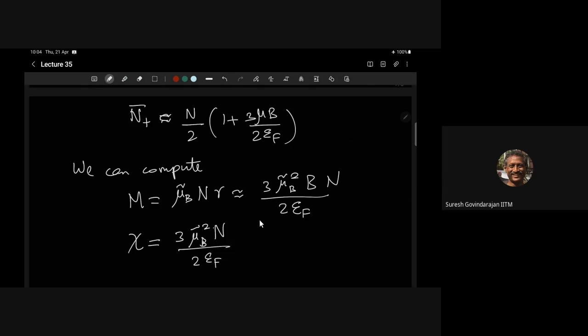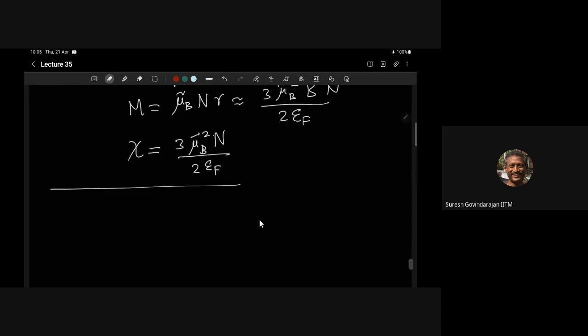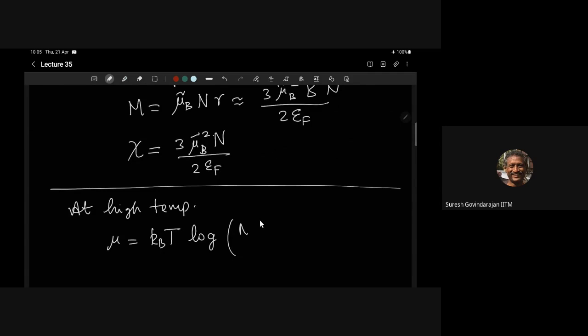High temperature is even simpler. So this is low temperatures. At high temperatures, mu is just given by the ideal gas thing, right? So what you will get is mu is just, we usually don't write it like this, but we write it as z, which is e to the power beta mu, equal to lambda cubed upon v.